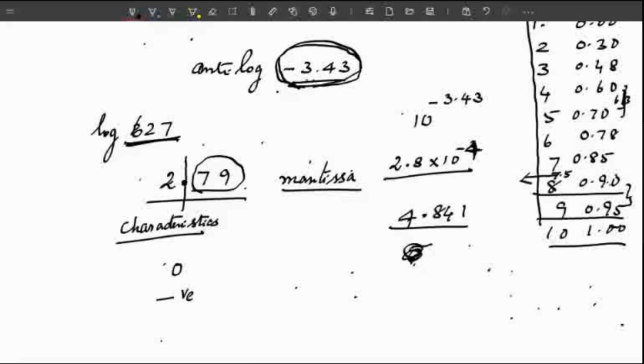The number present to the left should be the characteristic, and the number to the right of the decimal point should be the mantissa. The characteristic may be negative, zero, or positive, but the mantissa should always be positive.